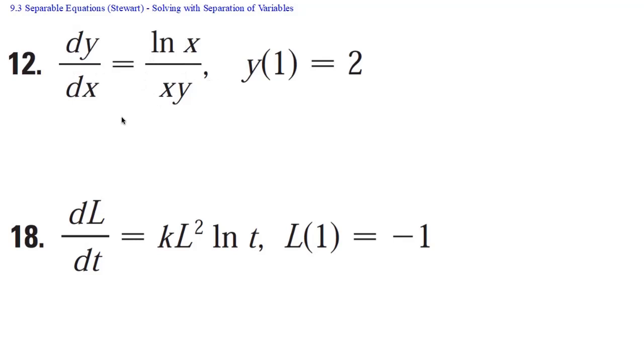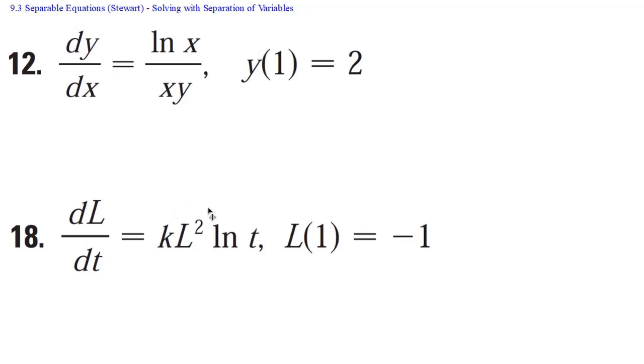If you can do that, so that you have a function of y times dy equals a function of x times dx, then it's a separable differential equation, and we can solve it with separation of variables. So that's what we're going to do on these two.